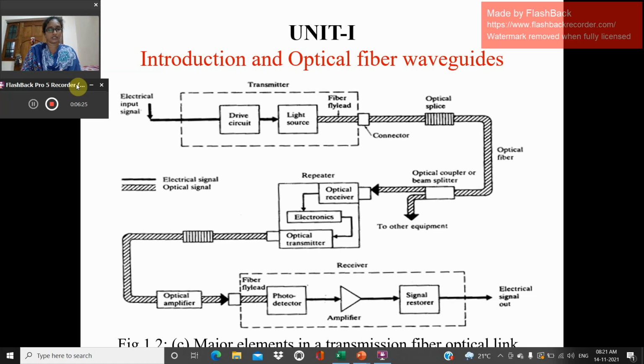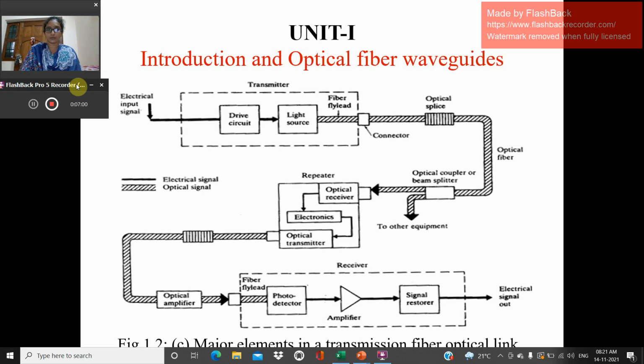After conversion, the electrical signal is amplified in the amplifier section and then goes to the signal restorer, where it is restored and strengthened. Then the electrical signal is passed to the destination point as output.